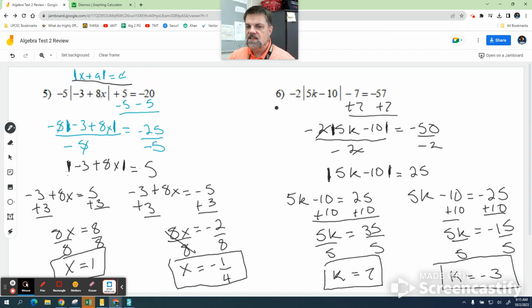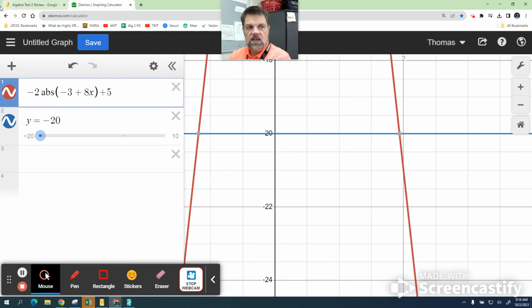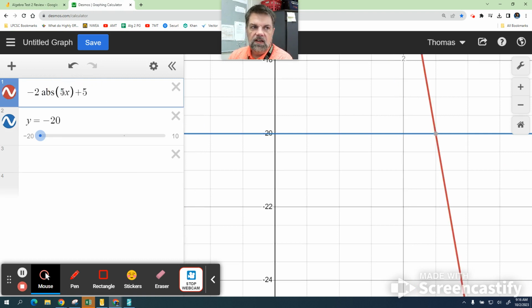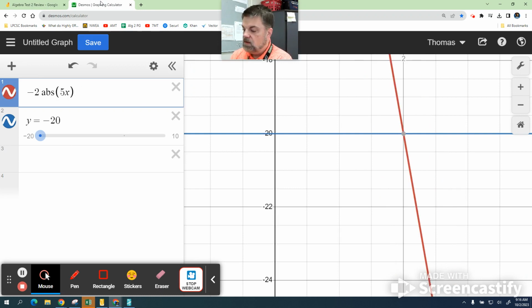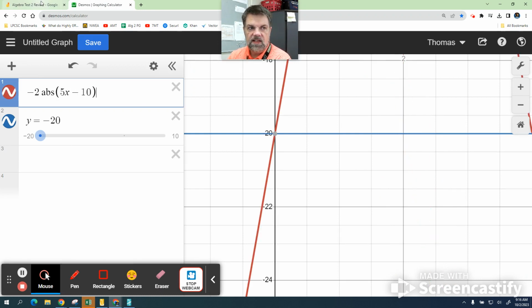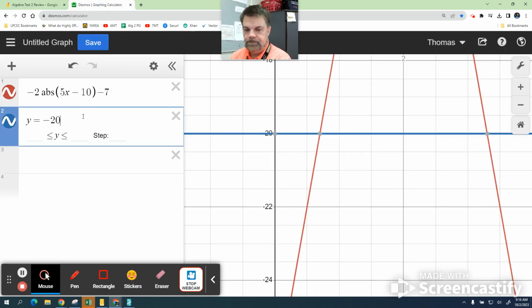Well, I'm just going to take this thing and graph this. So I'm going to say negative 2 times the absolute value of 5k, but remember, I've got to put in an x instead. 5x minus 10. Oops, I forget it does that every time. Minus 10, and then on the outside, was it plus or minus 7? Minus 7. Minus 7, and this was just negative 57, right?